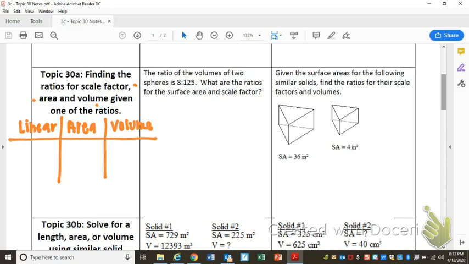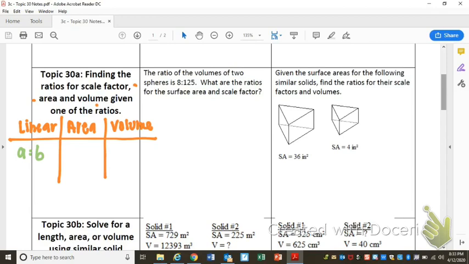So if you're looking at linear, you're looking at something like the height of something, or the length of something, or the width of something, or the radii, or something just linear. So that is going to be our A to B ratio. We only have one thing.